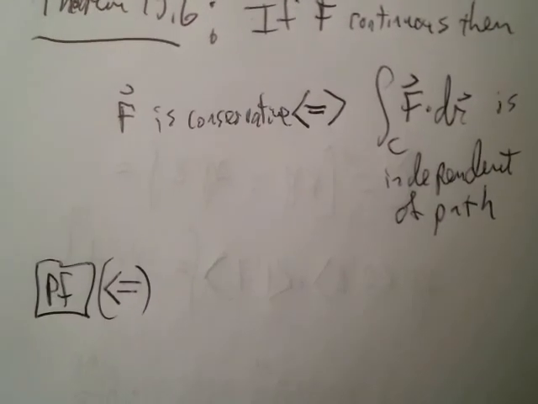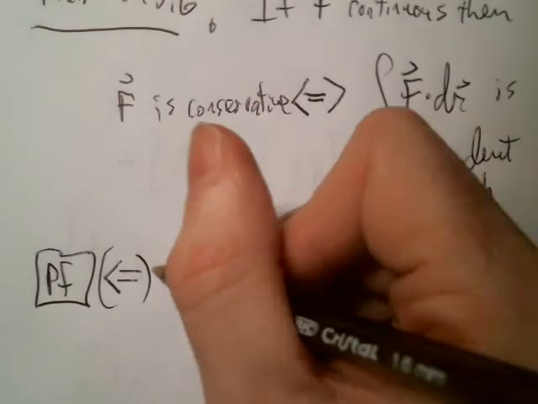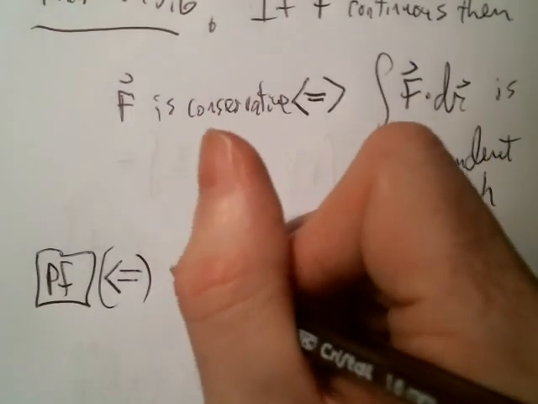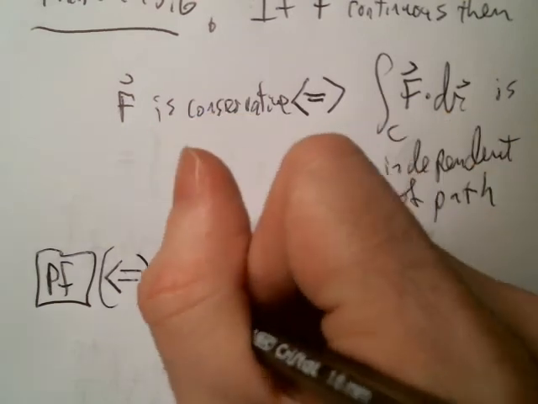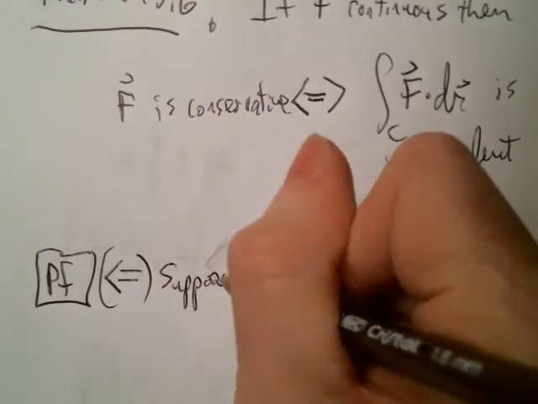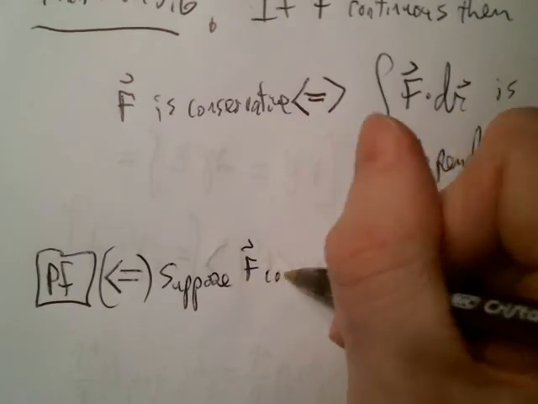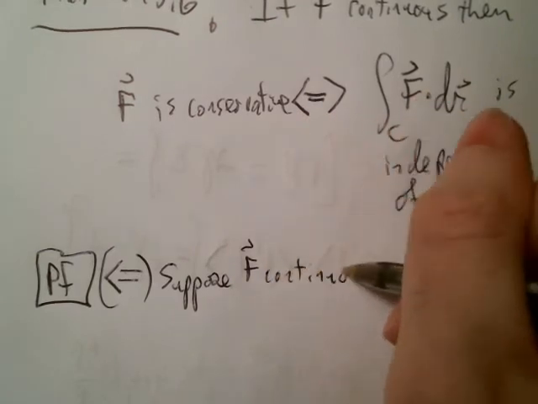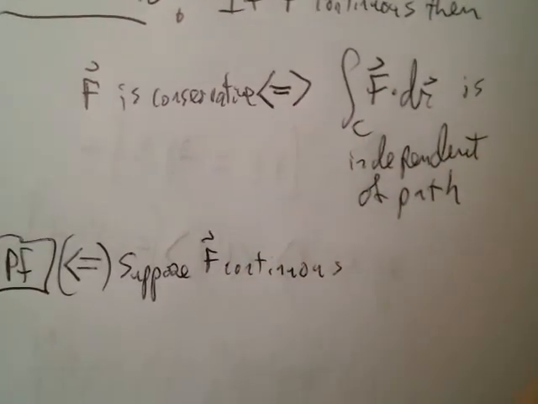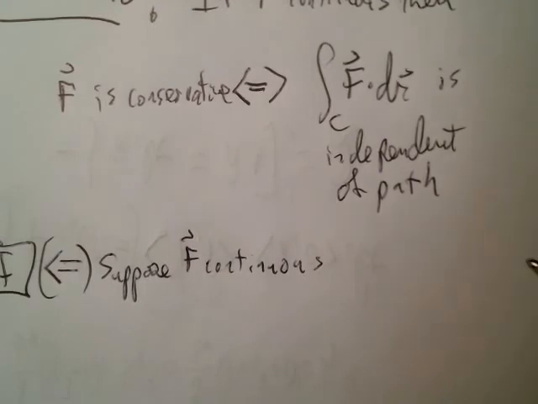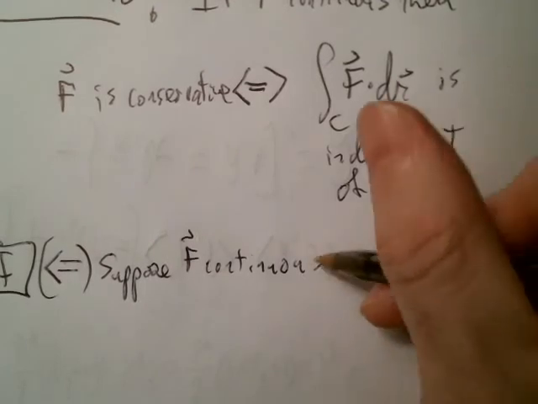Okay, all right. So how does this work? Well, the book is going to throw some suppositions at you. So of course we're supposing F is continuous. What else are we supposing? It's independent of path.